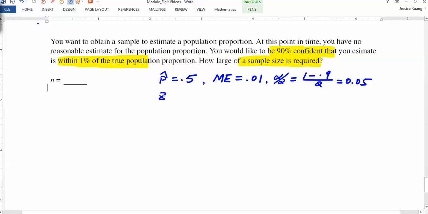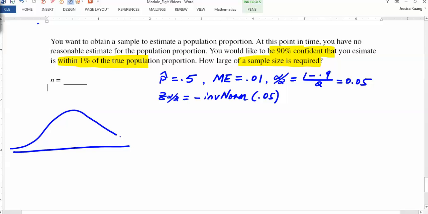And z alpha over 2 equals negative inverse norm 0.05. Why is that? Let's cover this. So according to the central limit theorem, I'm going to use the normal distribution to estimate the population proportion.